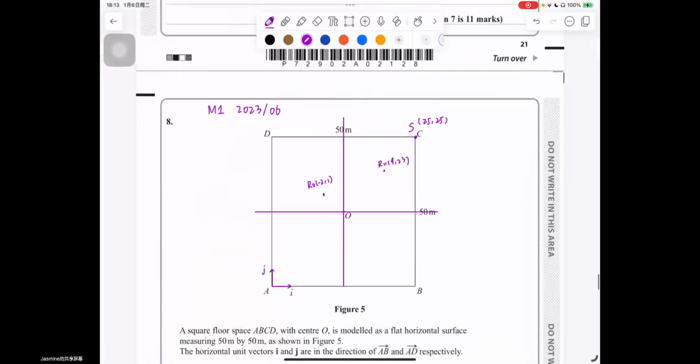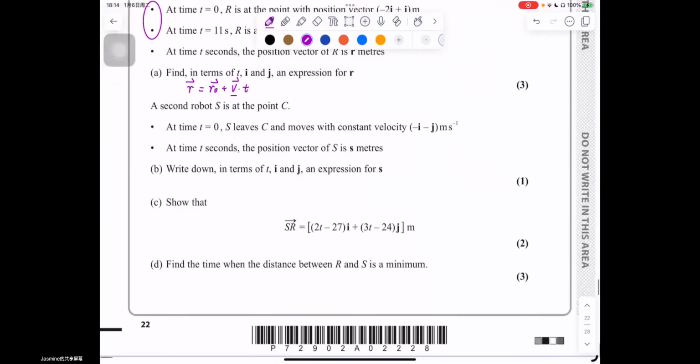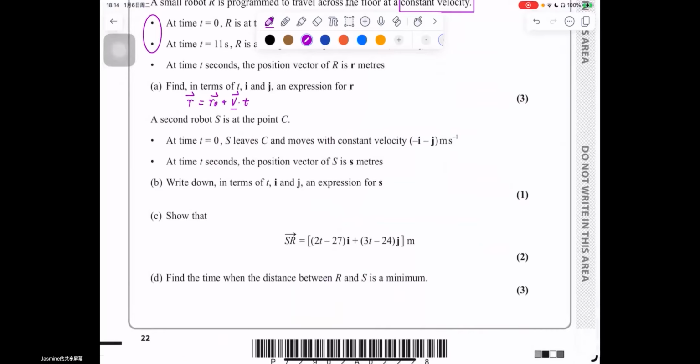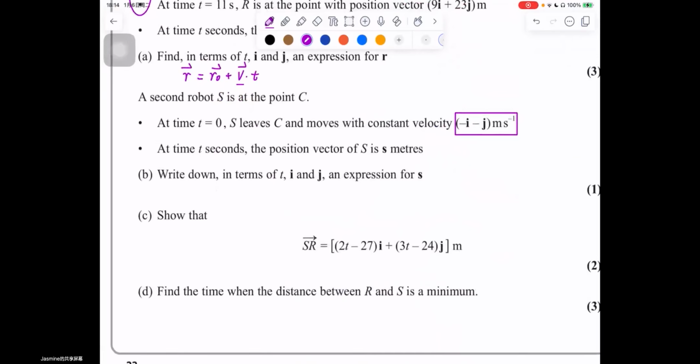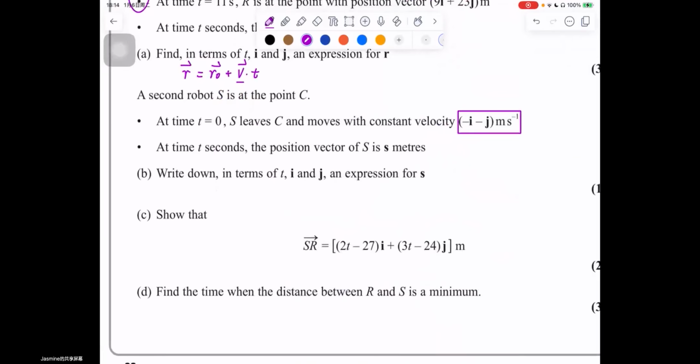At time t equals 0, S leaves C and moves with constant velocity minus i minus j meters per second. At time t seconds, the position vector of S is s meters. Write down, in terms of t, i, and j, an expression for s.